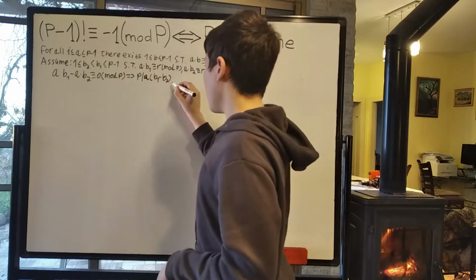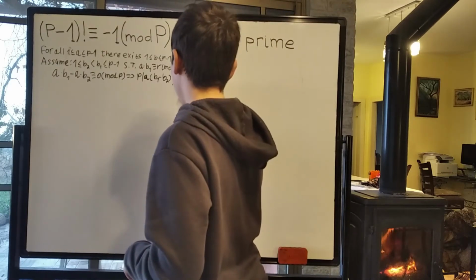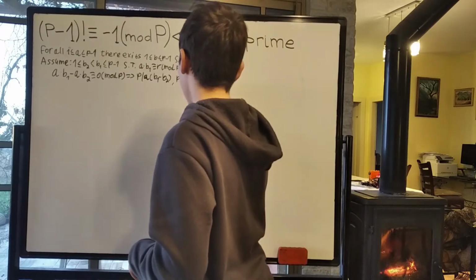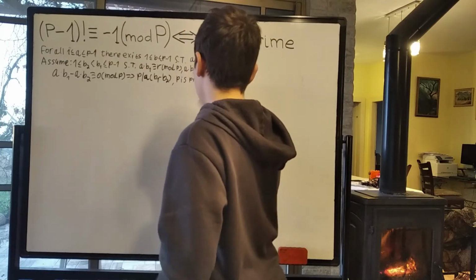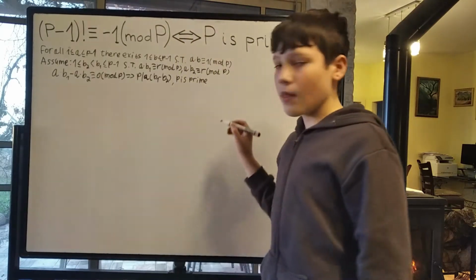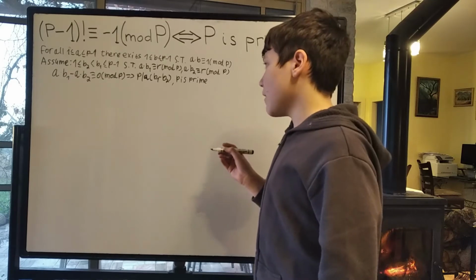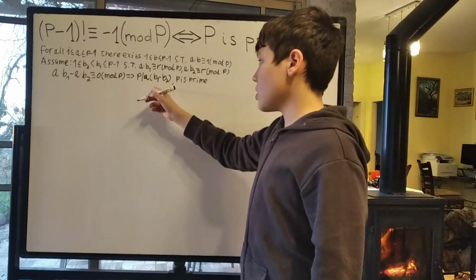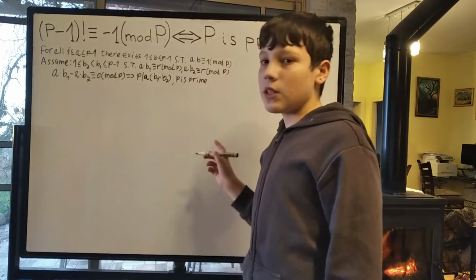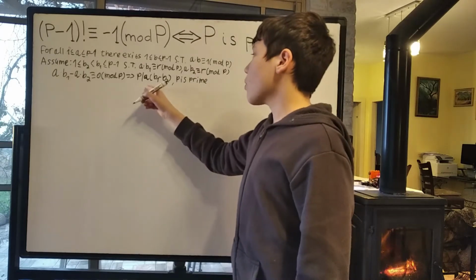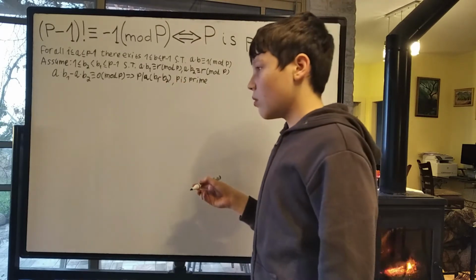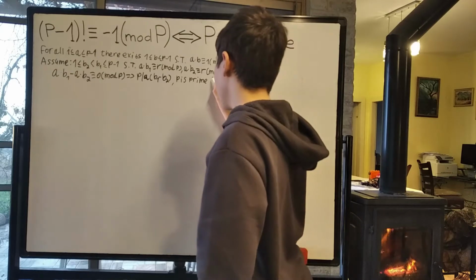But we know that p is prime. That means that if p divides this multiplication, then p will have to divide either a or b1 − b2, or both of them.